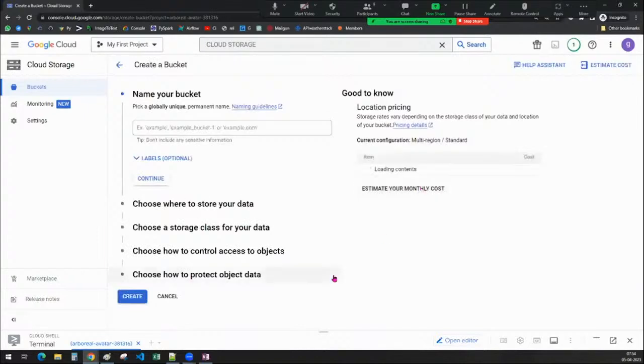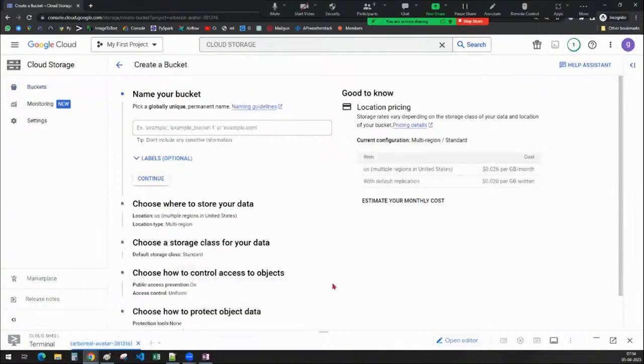When you click on create bucket, as I told you, there are a few things we have to remember while creating a bucket. First, while providing the name of your bucket, we have to pick a proper globally unique name. When I say globally unique name, it means no one has used this particular name so far as a Google Cloud Storage bucket.